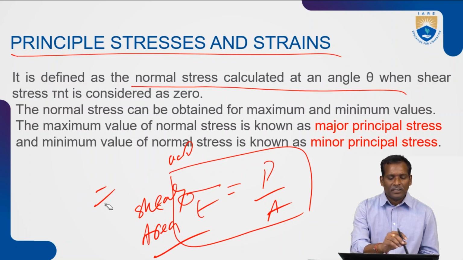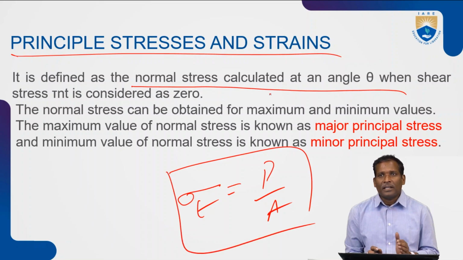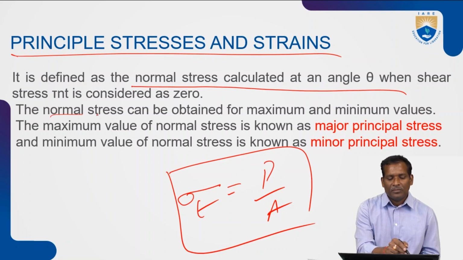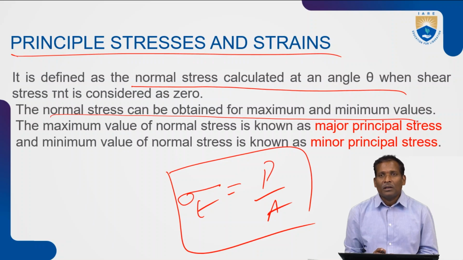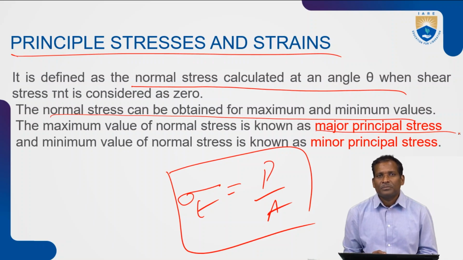But in the principal stress case, the normal stress is calculated at an angle theta, that is, an inclination, when the shear stress is considered 0. The normal stress can be obtained for maximum and minimum values. The maximum value of normal stress is known as the major principal stress.